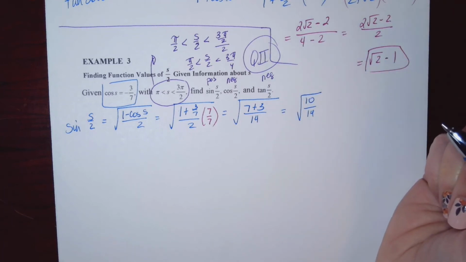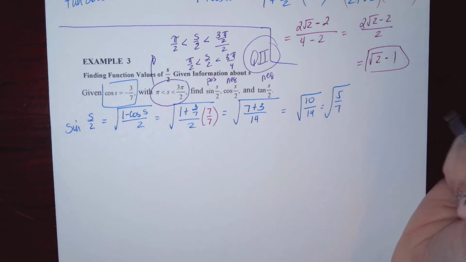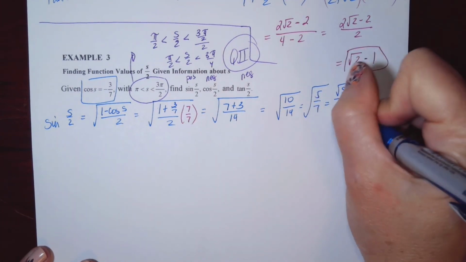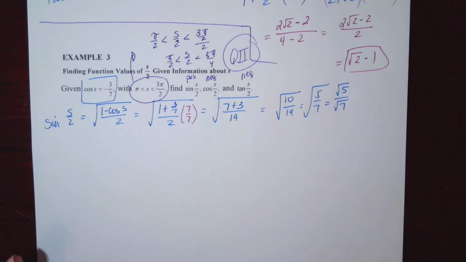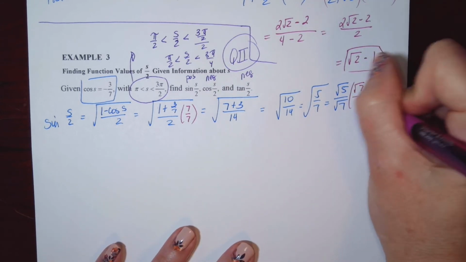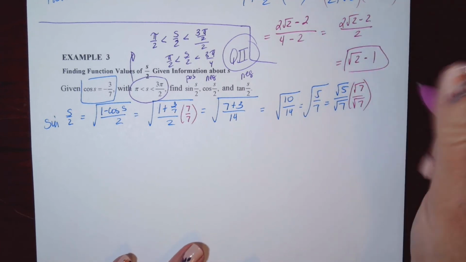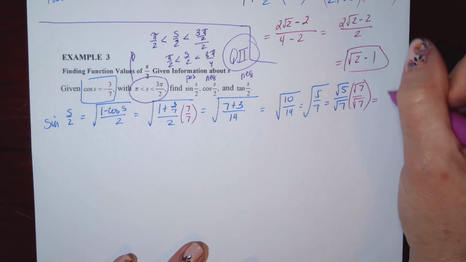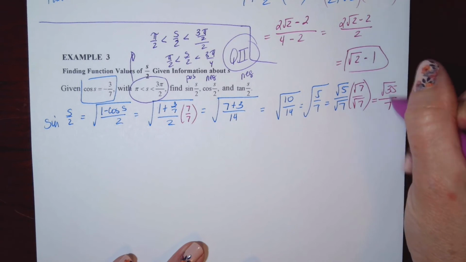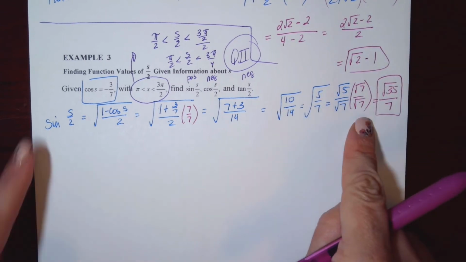Well, 10 over 14 is going to simplify to 5/7, right? I don't need to leave a radical in my denominator, so I need to split these apart so that I can rationalize my denominator. So I'm going to multiply by square root 7 over square root 7, which gets me to 5 times 7, that's square root 35 for my numerator. Square root 7 times square root 7 is 7 for my denominator. So that is sine of the half angle.